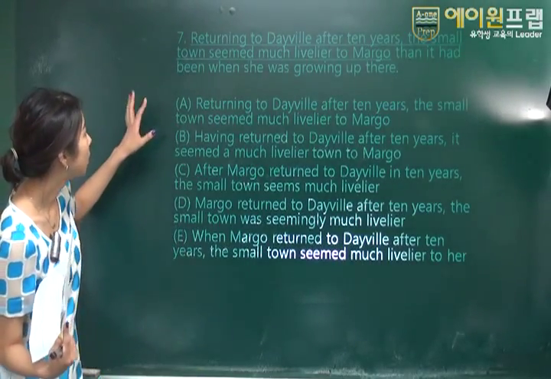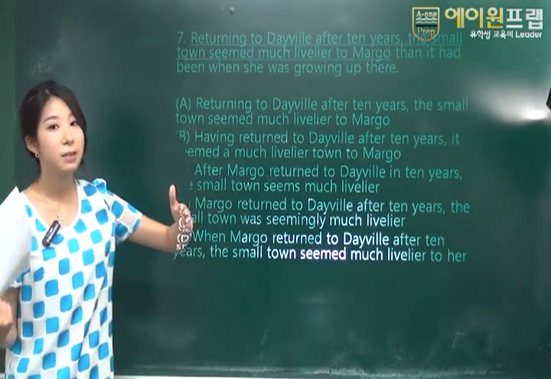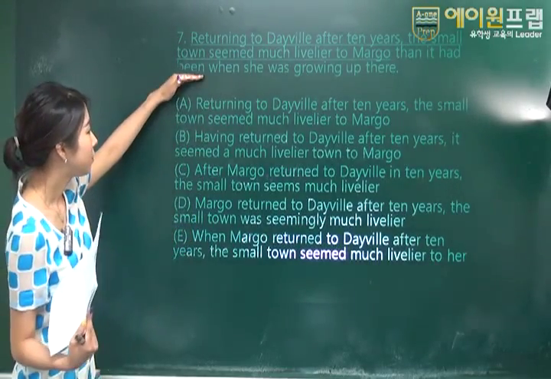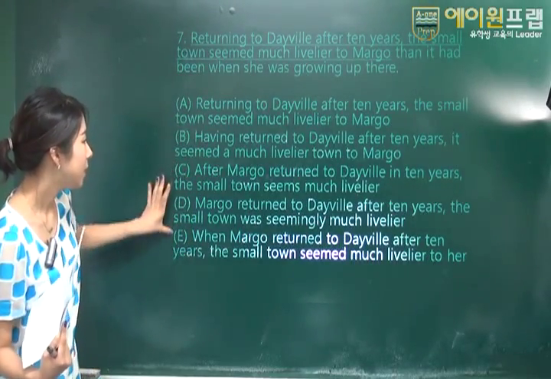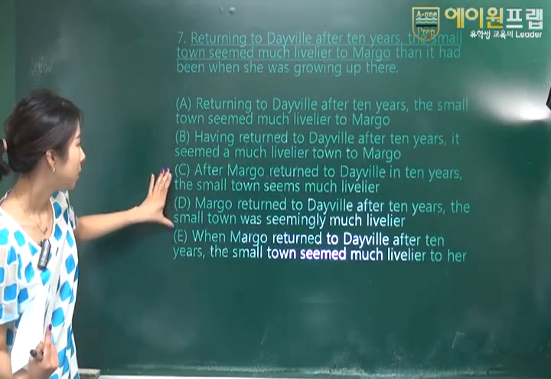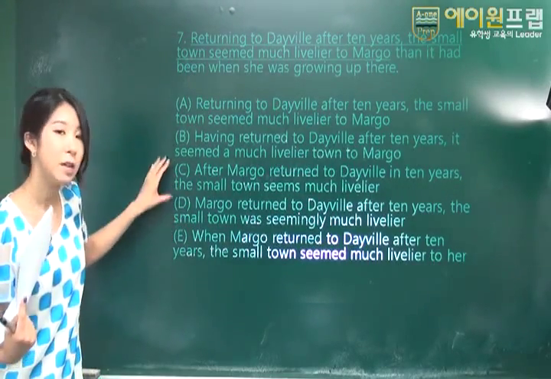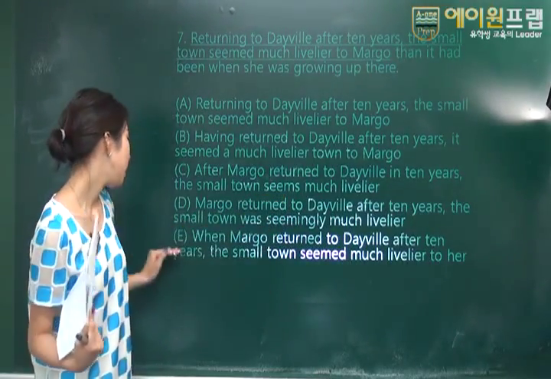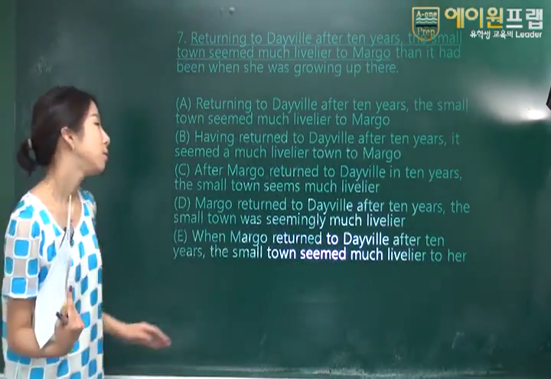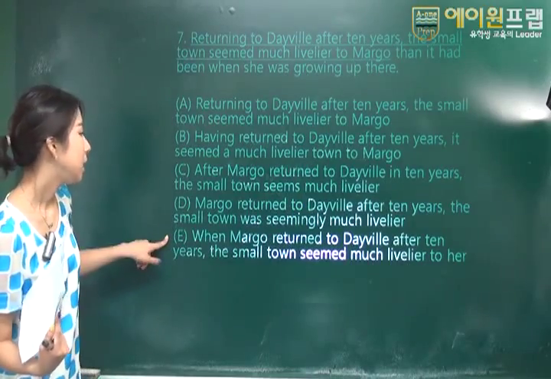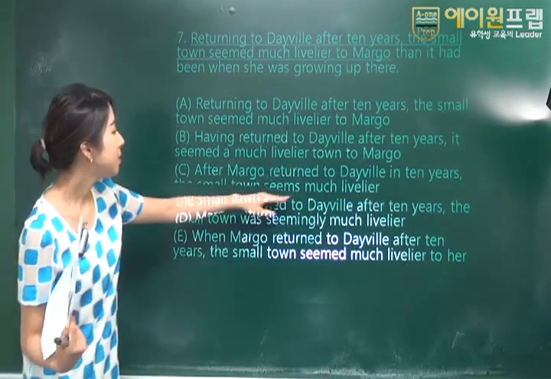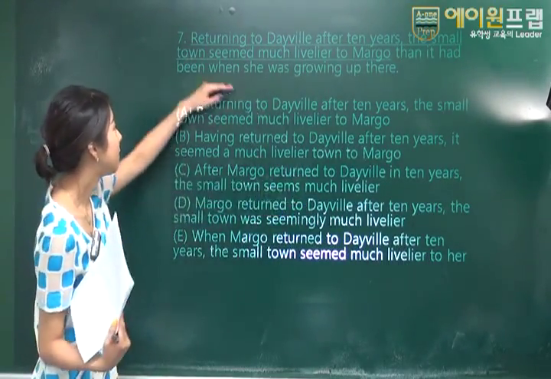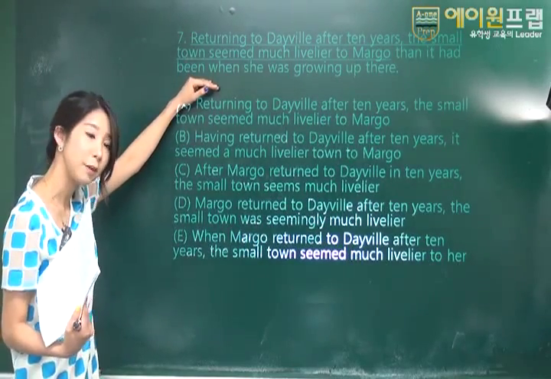Past perfect is here, so we have to find the right tense. Options C and E have the same meaning, but the only difference is that C has the present tense and E has the past tense. So E must be the answer, because if this is the present tense, then this has to be the present perfect, not past perfect.